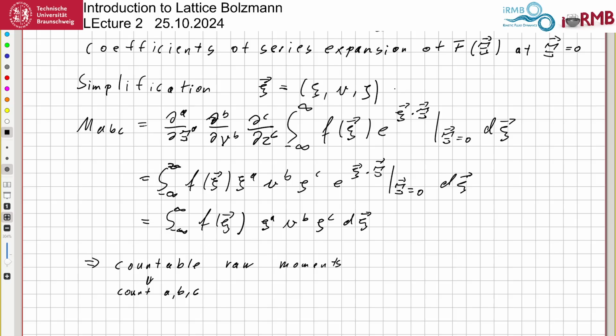It is not one-dimensional counting, because we count A, B, and C separately. We can count them not in 1D, but in many dimensions. And by raw, we mean the lab frame. If you don't take anything else from this lecture, you can tell your children, I learned how to count in multiple dimensions.